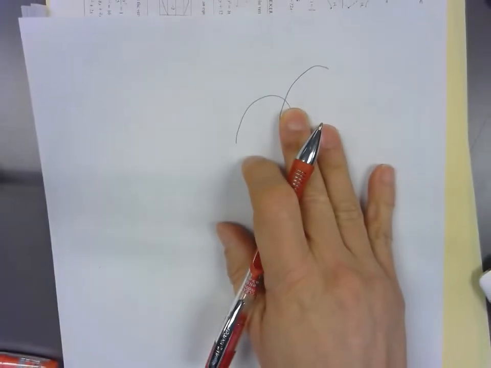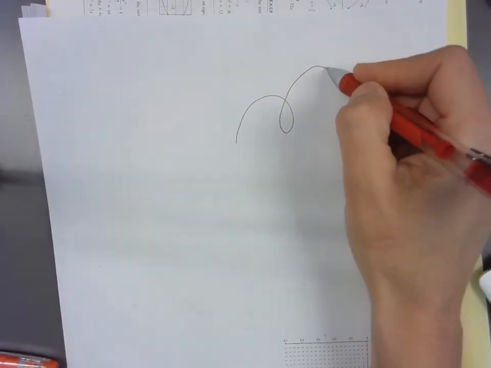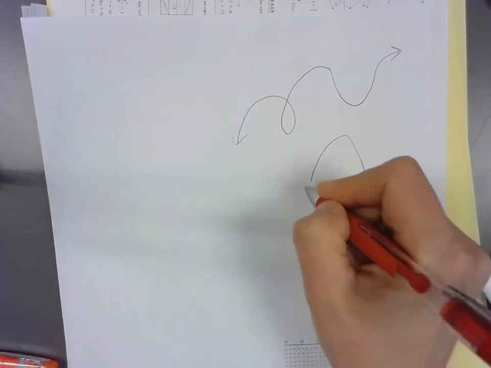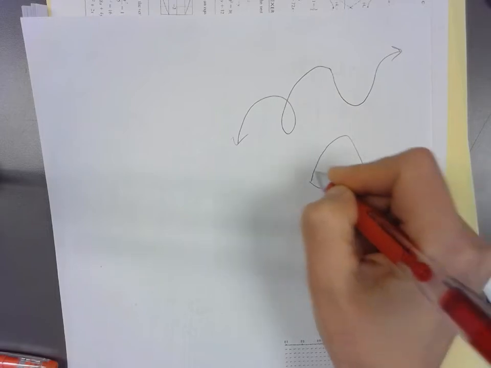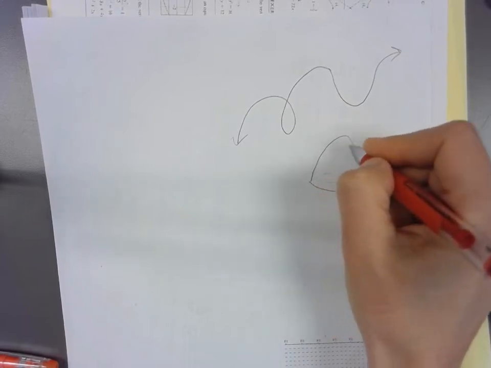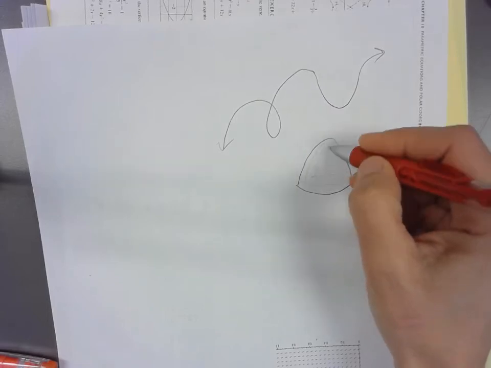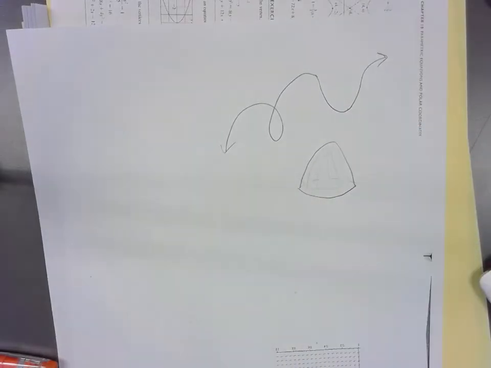So if I had something that went like this, versus something that looked like this, how many dimensions is this? 1.